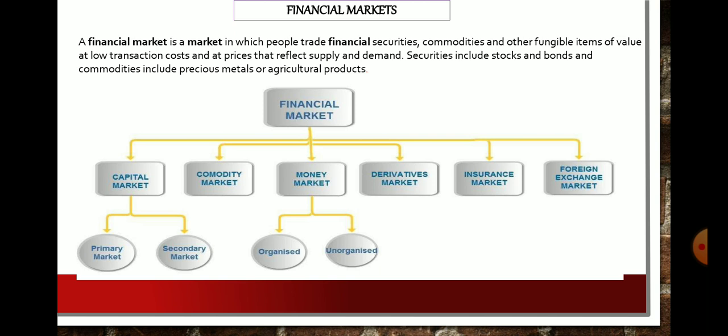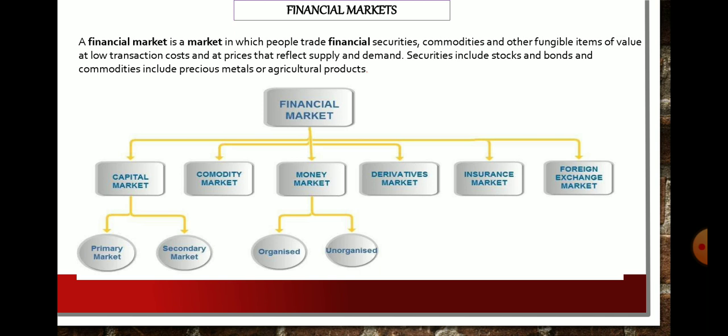The capital market is basically categorized into two parts, primary and secondary. The commodity market is traded in commodities such as metals, food grains, oil, and other things. The money market, which is for a shorter period of time, has two types, organized and unorganized.